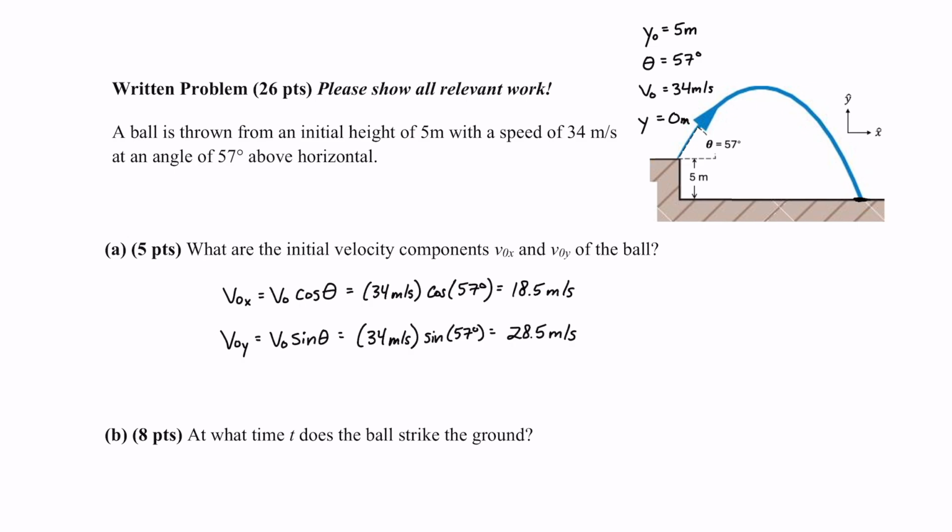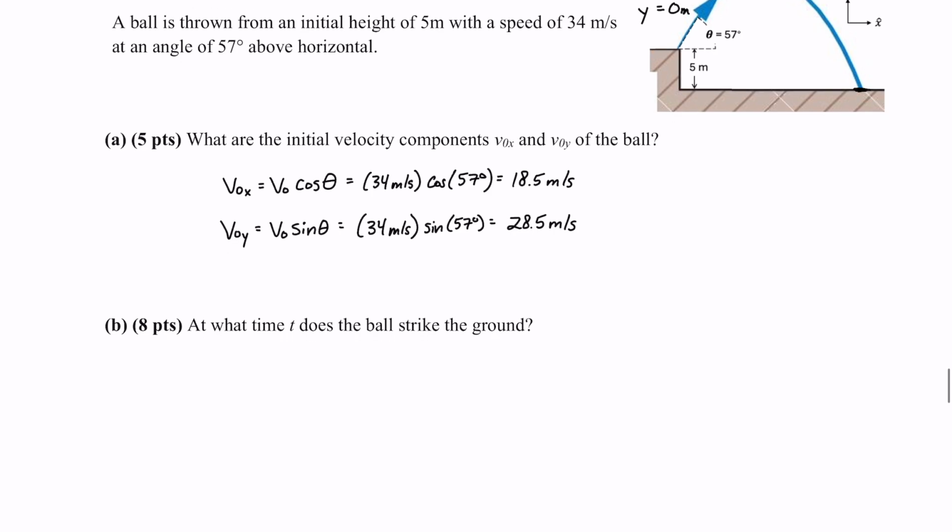In part B, we're asked to find the time at which the ball strikes the ground. We can solve this using a kinematic equation. We're given information about the final height and initial height.